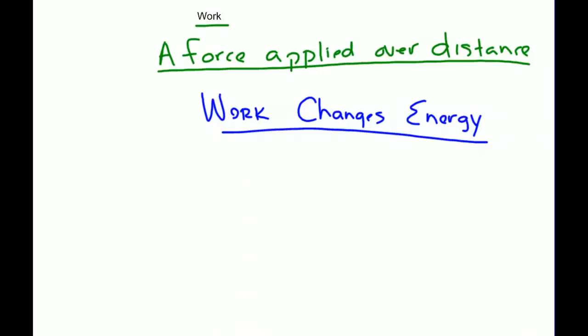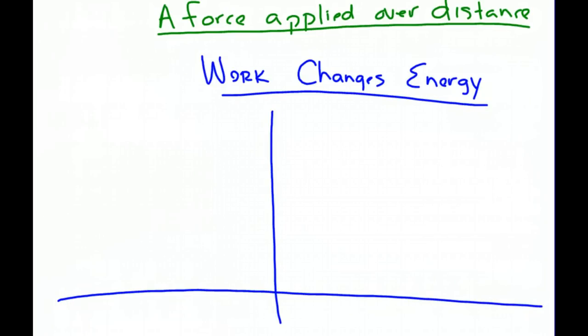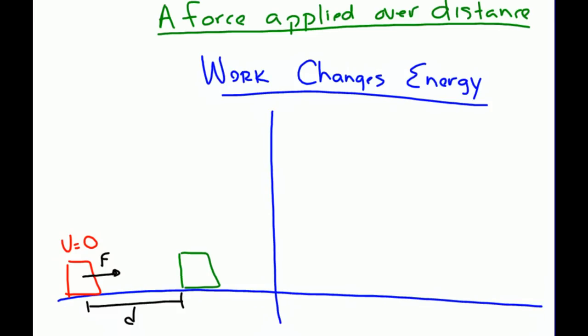And so here's two scenarios for you. So work, if we have an object that is initially at rest, and I apply a horizontal force on it equal to F, and that horizontal force is applied over some distance d. Later on, over this distance d, this force has now created some velocity which is not equal to 0.